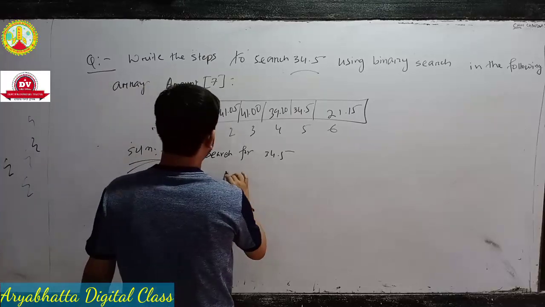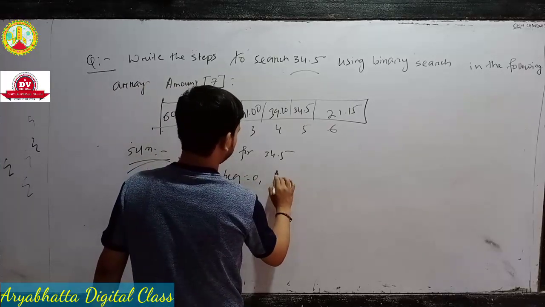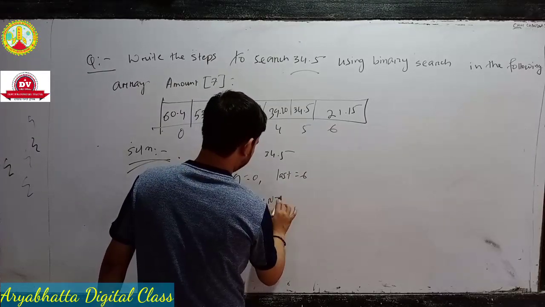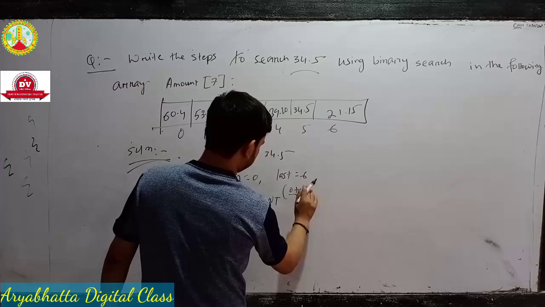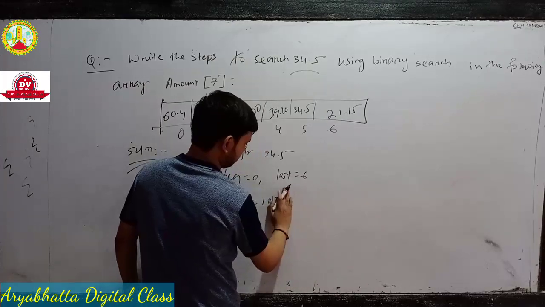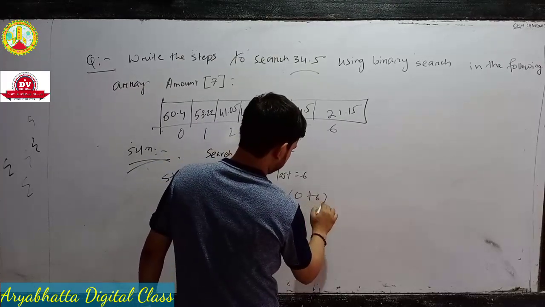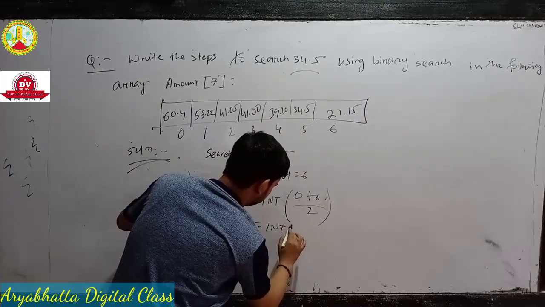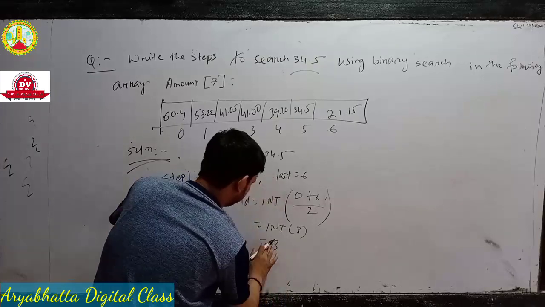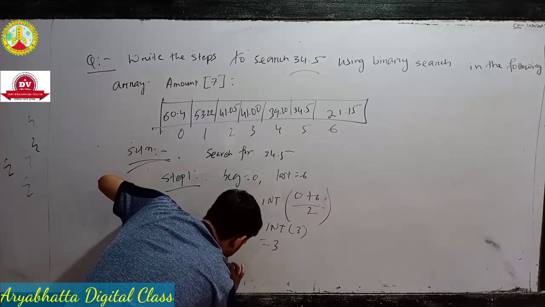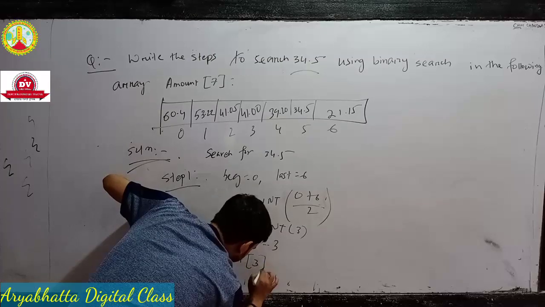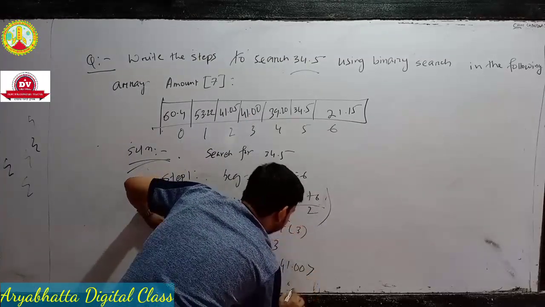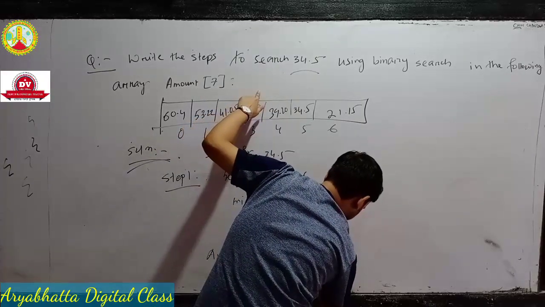Step 1, beginning 0, last 6, mid value will be 3, means amount[3] is what? 41.00, and 41.00 is greater than 34.5.